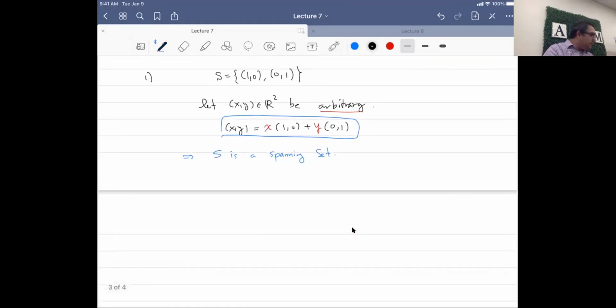So let's now think about some other examples. What about the two vectors (0, 1) and (1/2, 0)? Do you think this is a spanning set? Obviously the span of S is a subspace of R2, which you have proved already. But is it the entire R2 or not? Once again, how do I write an arbitrary vector (x, y) in R2 as a linear combination of these two?